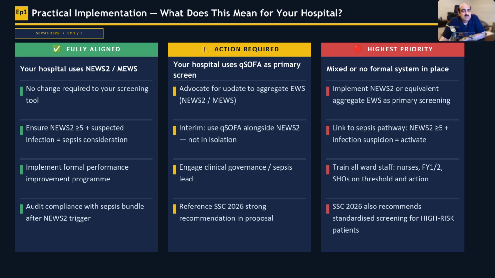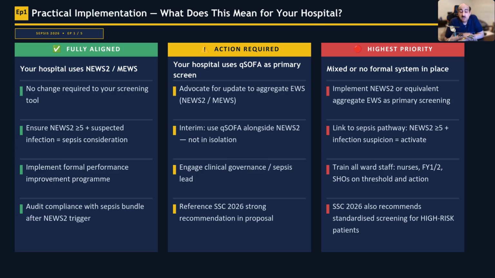So this slide is just a brief snapshot of practical implementation of the early warning scores. If a hospital or a department is already using NEWS2, MUSE, carry on doing so, and incorporate the Sepsis 2026 guidelines accordingly. If you're using qSOFA, or a department is using qSOFA, it might be the right time to think of changing to more standardized scoring systems as per the Sepsis 2026 guidelines.